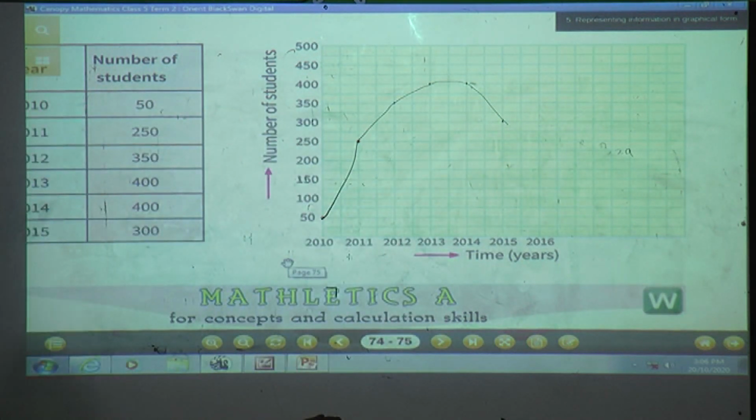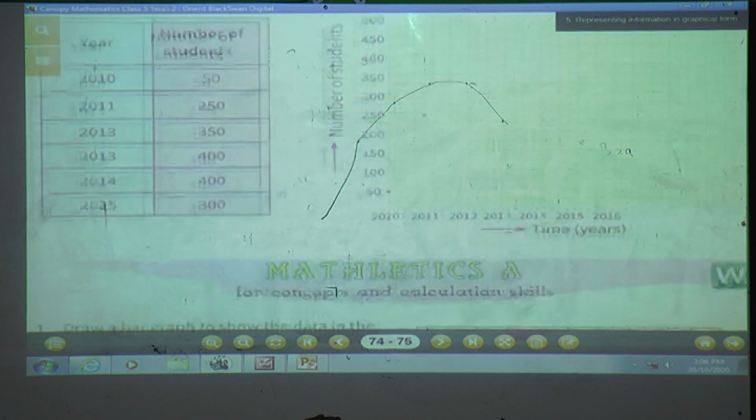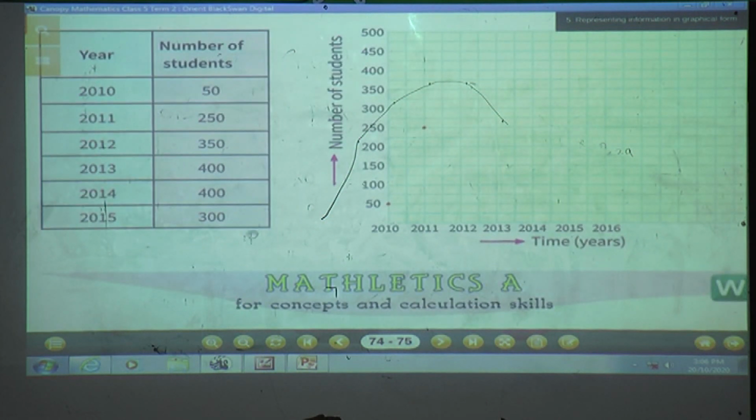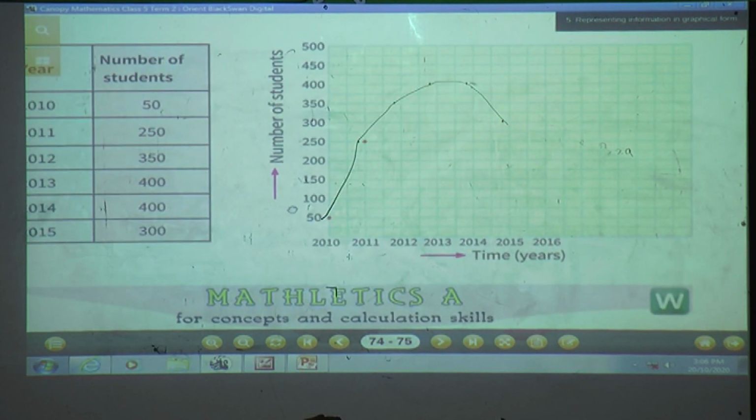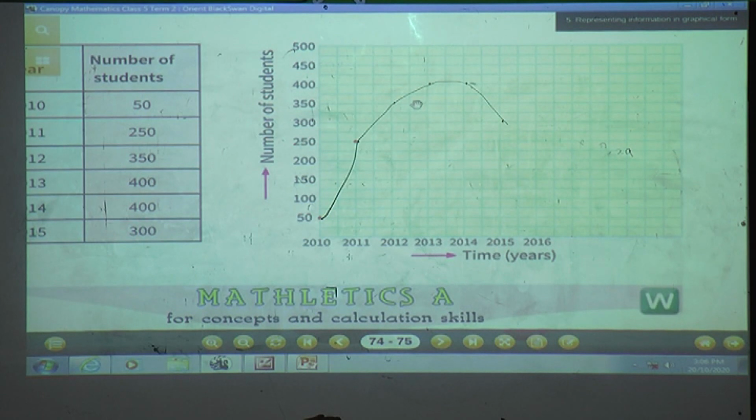Okay. Now answer the question, students. In which year was the increase in students the most? In which year, students? Yes. Tell me the answer. See the line graph. In which year the increase in students the most? Yes, in 2011.